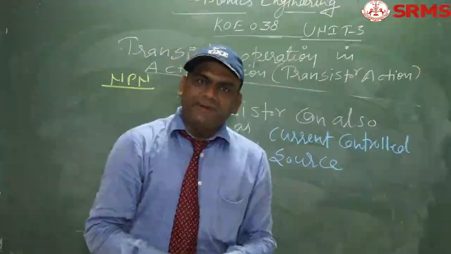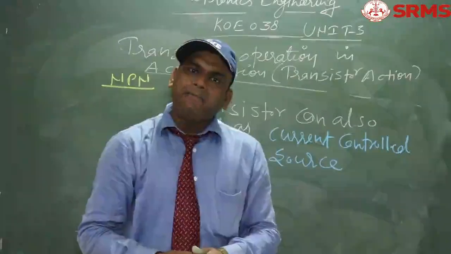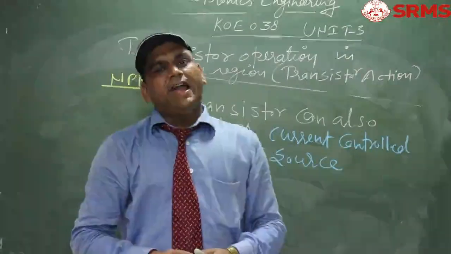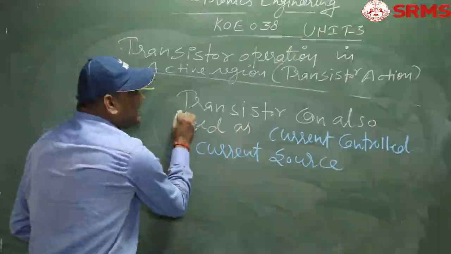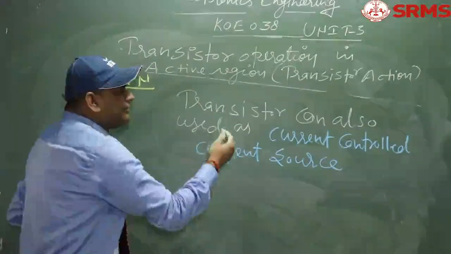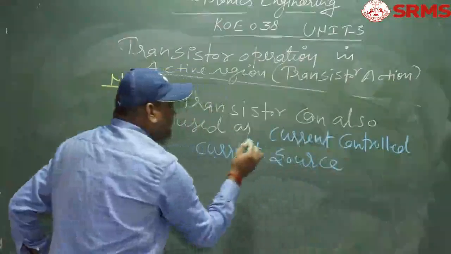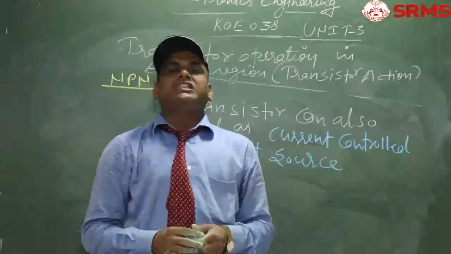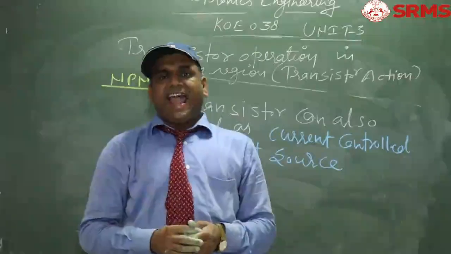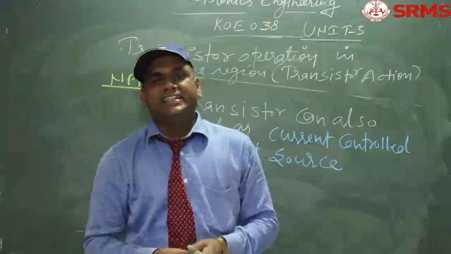If the input current is 1 milliampere, the output current is also 1 milliampere. If the input current is 2 milliampere, the output current is also 2 milliampere. So the transistor in the active region is defined as a current controlled current source. So the transistor can be used as a constant current source as far as the active region is concerned.